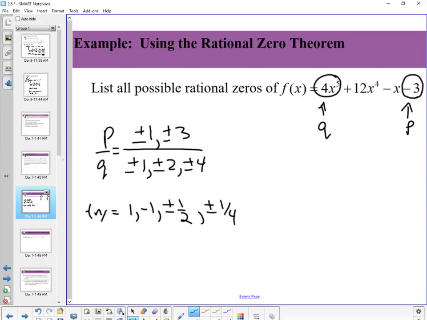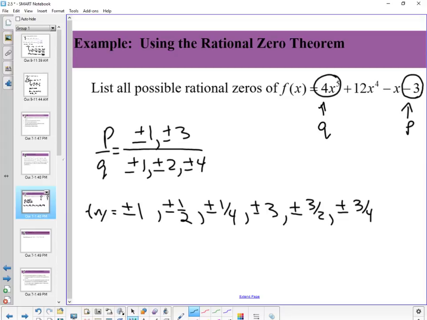You guys okay with that? I'm using 1, and I'm combining it with the denominators of 1, 2, and 4. But I can also have the options of plus or minus 3, plus or minus 3 halves, plus or minus 3 quarters. So all I'm doing is building a bank of possible zeros. Make sense?